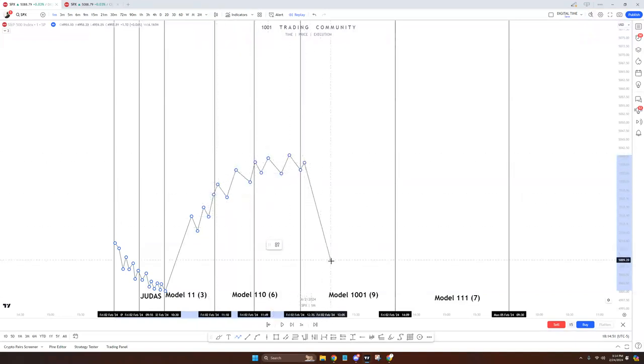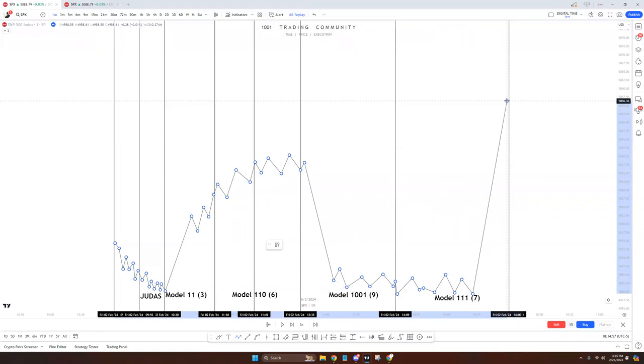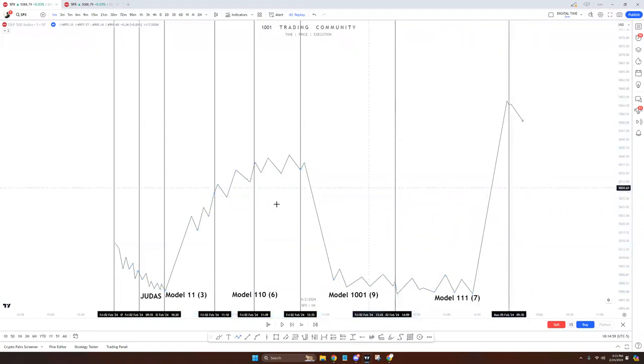reverses at Model 110, distributes, and end of day move expansion. What is this? This is, type it out here, 1, 6, 9.